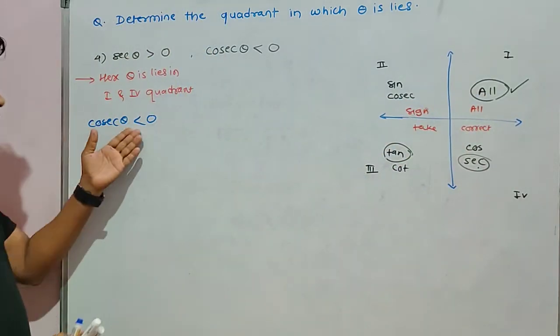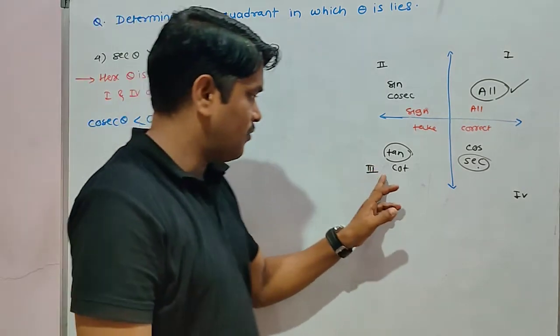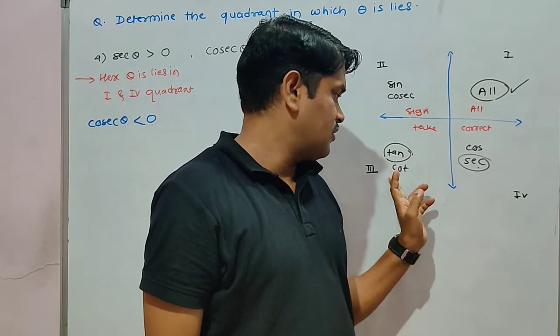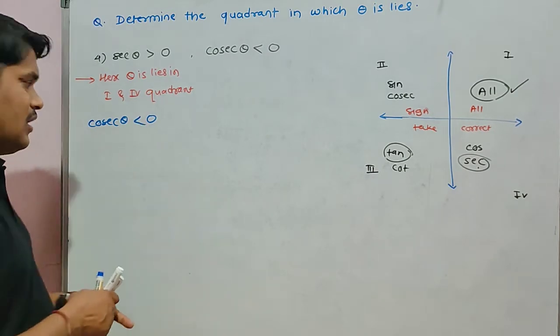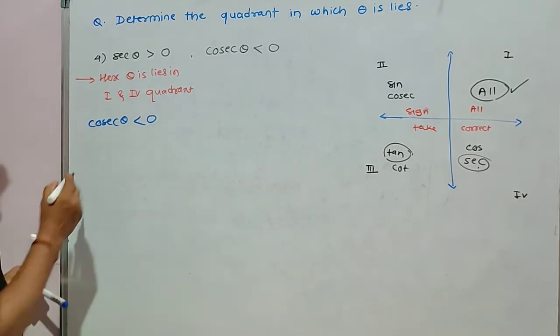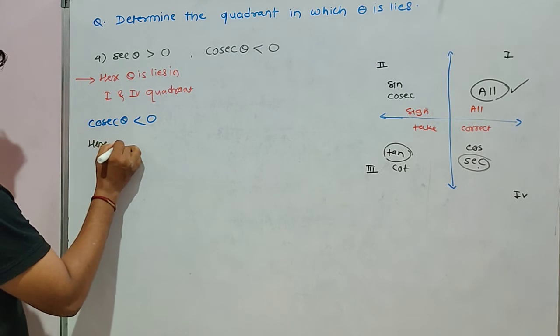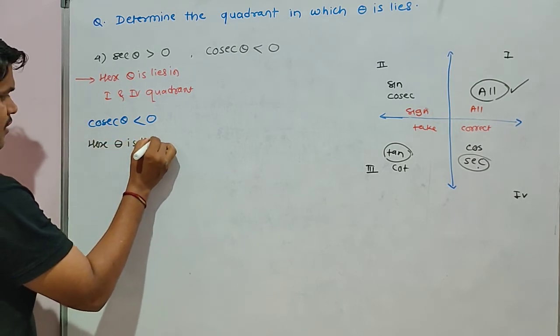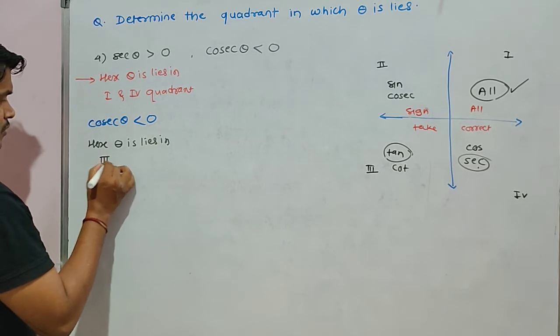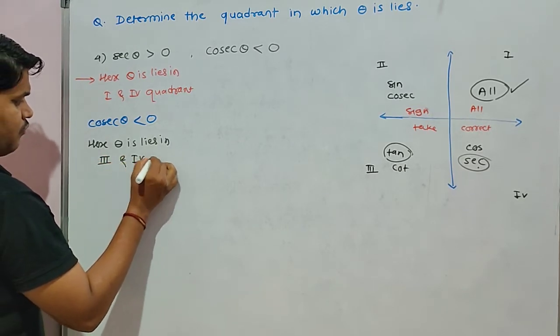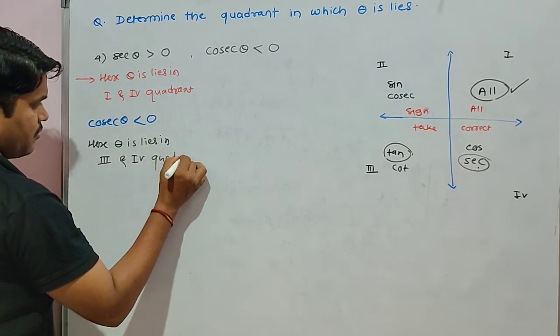But we have to take the negative quadrants. So cosec theta lies in which quadrant? Second, third and fourth? Understood? We were asked for negative, so we can take only the negative quadrants. So we can write here, theta lies in third and fourth quadrant.